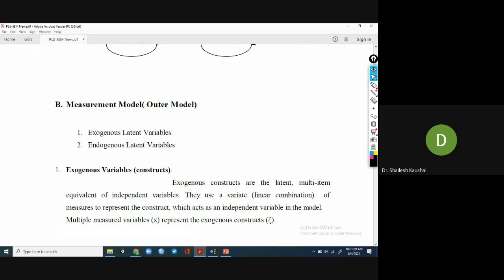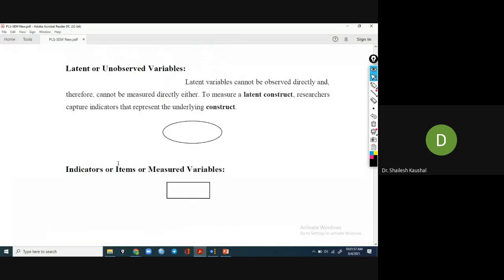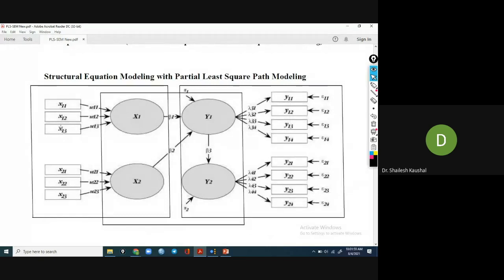For the measurement model, there are two types: one is exogenous latent variables, and the other is endogenous. Exogenous means the independent variables, x1, x2, x3.